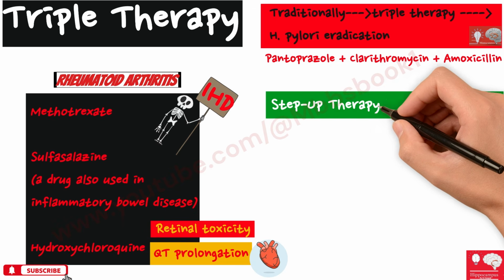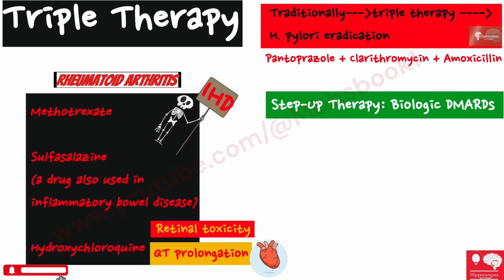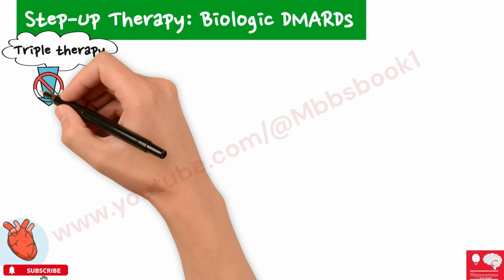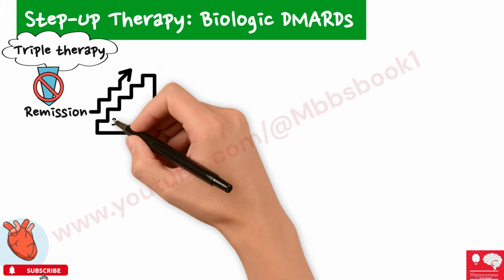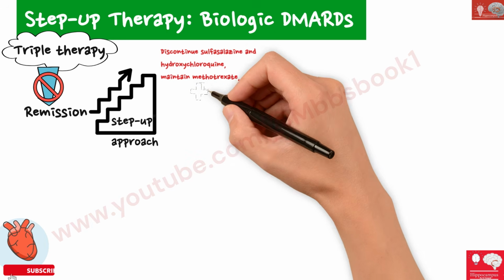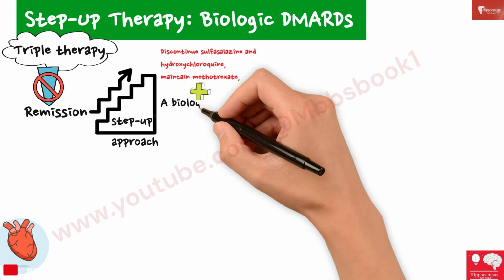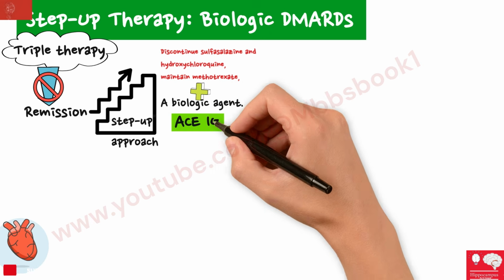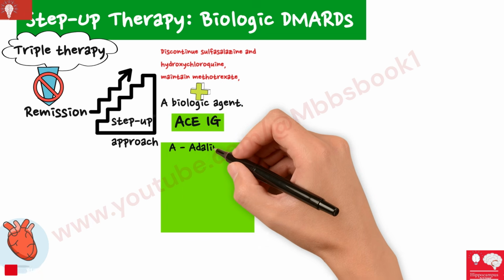Step-up therapy, biologic DMARDs. If triple therapy does not achieve remission, we initiate a step-up approach. We discontinue sulfasalazine and hydroxychloroquine, maintain methotrexate, and add a biologic agent. The biologic DMARDs we can use are remembered by the mnemonic ACEIG. A. Adalimumab.